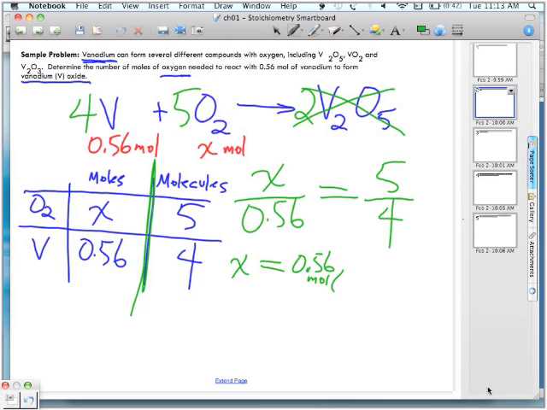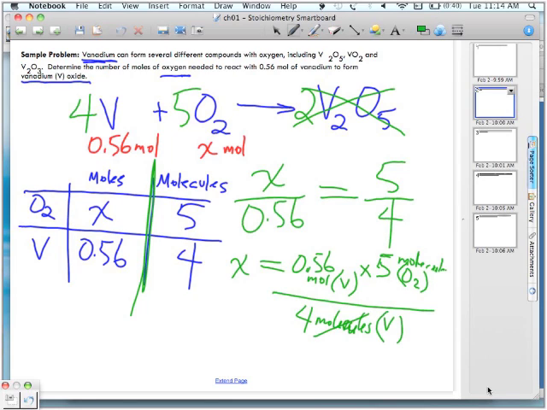Vanadium, right? And we're going to multiply it by 5 molecules of oxygen over 4 molecules of vanadium.